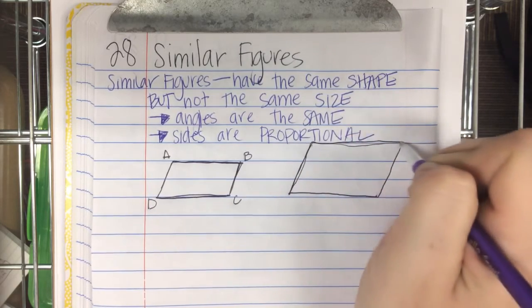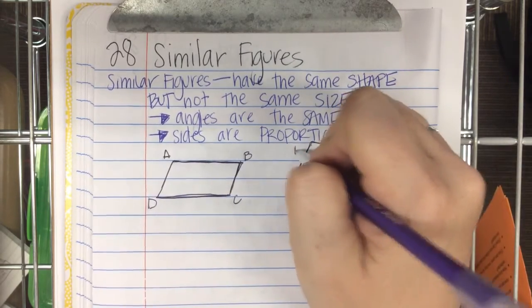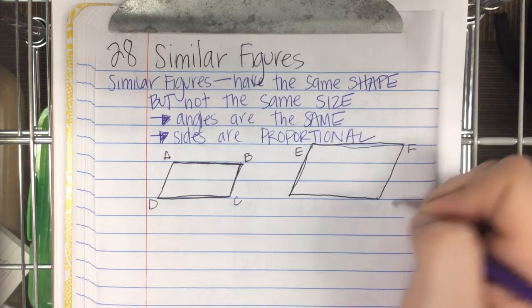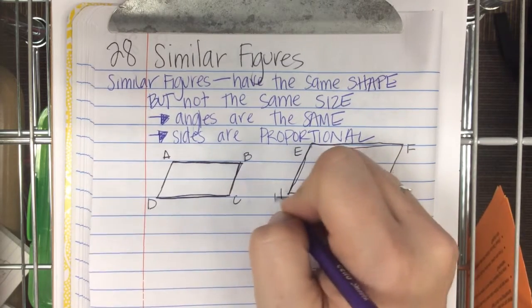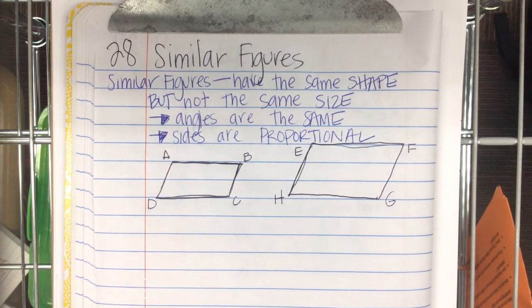E, F, G, H. Are they the same shape? Yeah. But are they the same size? No. They're both parallelograms, but they're not the same size. One's bigger than the other.